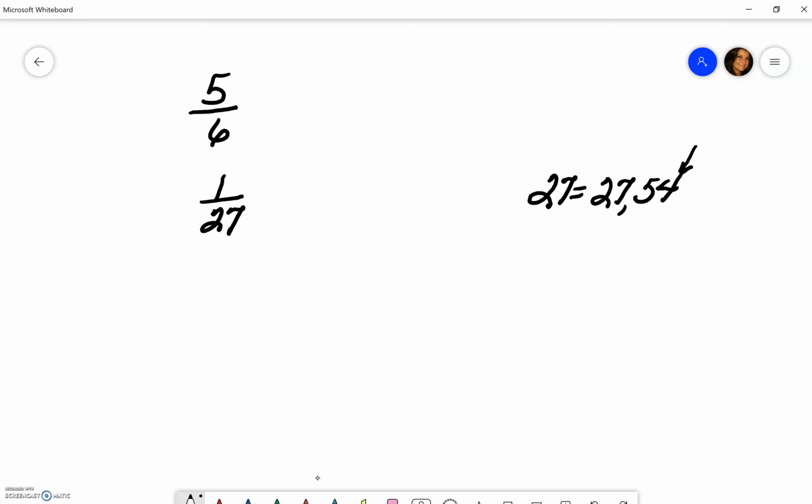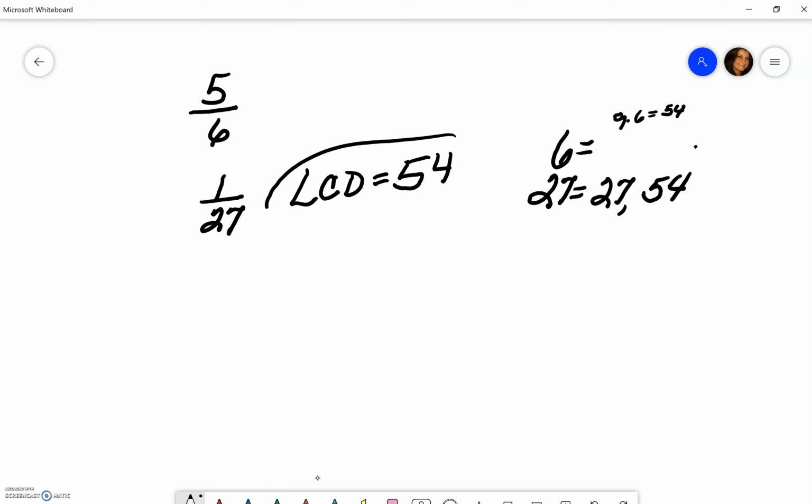And I can already see the lowest common denominator is 54, because when you start working with the factors of 6, we know 9 times 6 equals 54. So that is the lowest common denominator. It's 54, and we're going to get into this more in the next section. We'll have more practice with that.